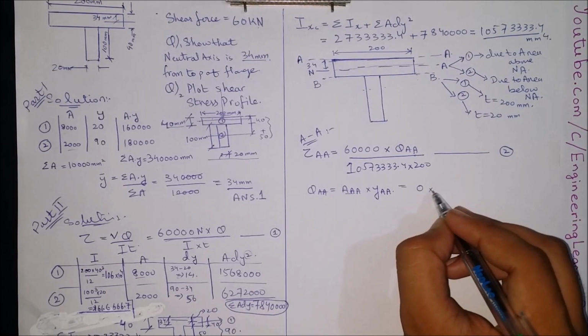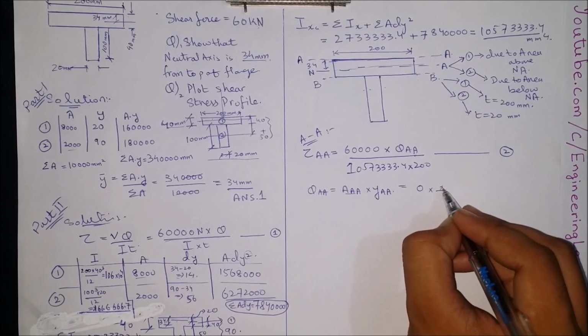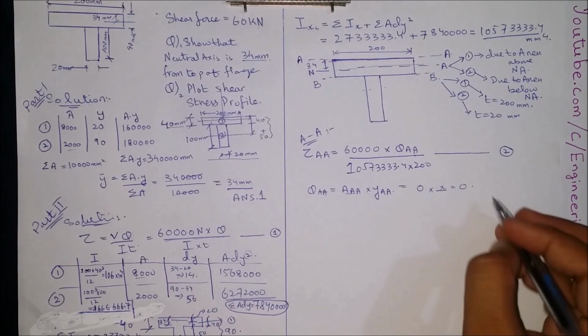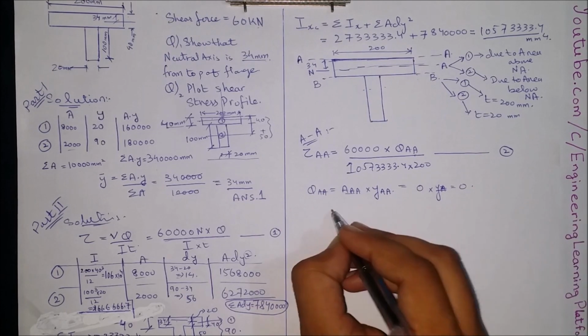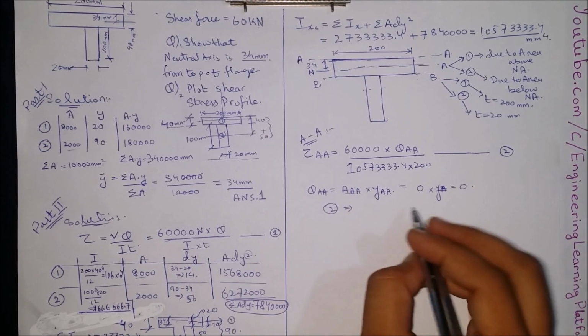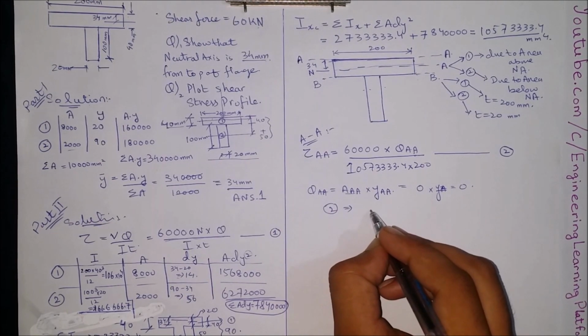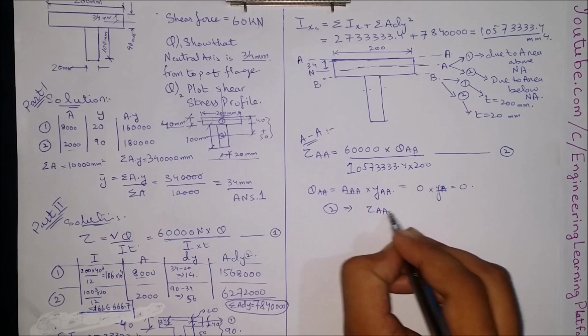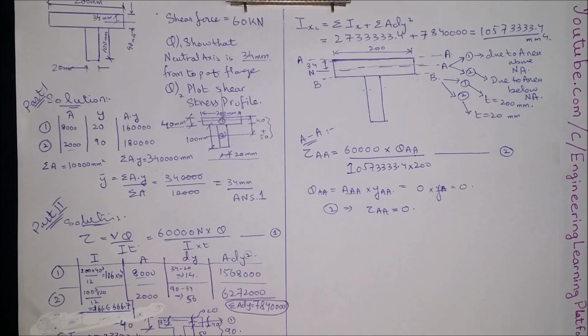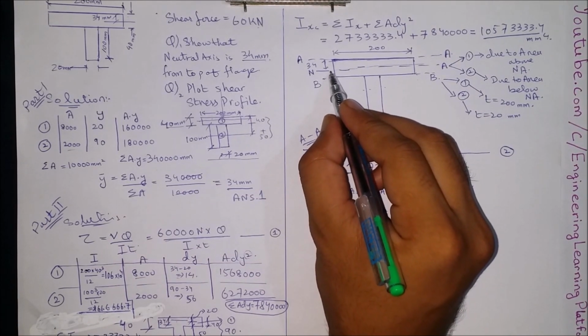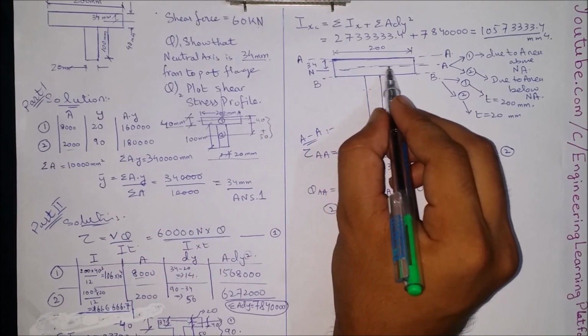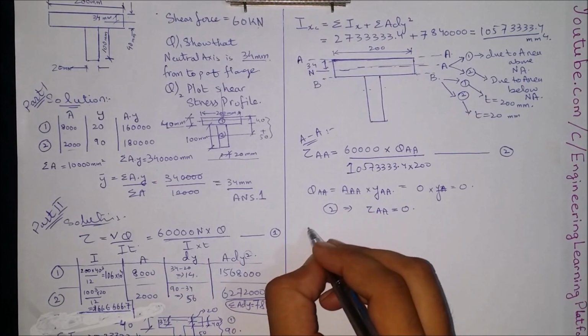Into the distance YY, anything multiplied by 0 comes out to be 0. So equation number 2 implies that shear stress at fiber AA is 0. Now, in the next step, finding out shear stress at fiber neutral axis.